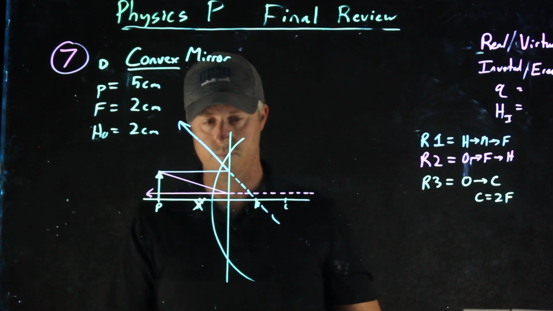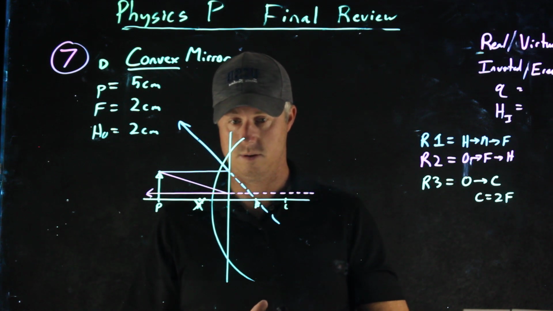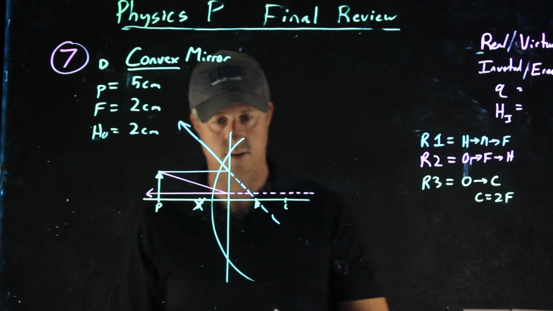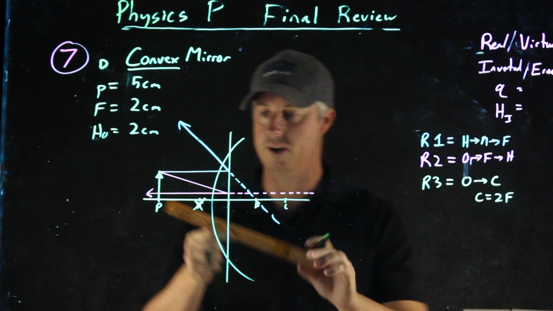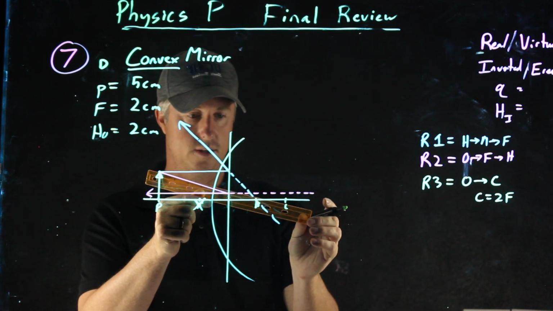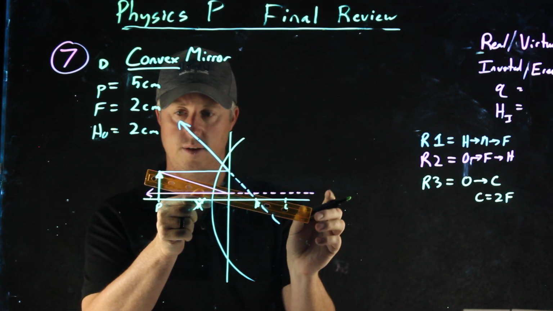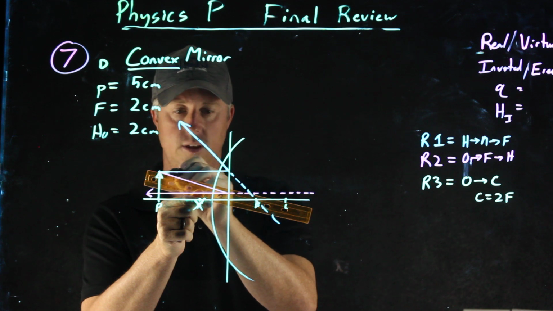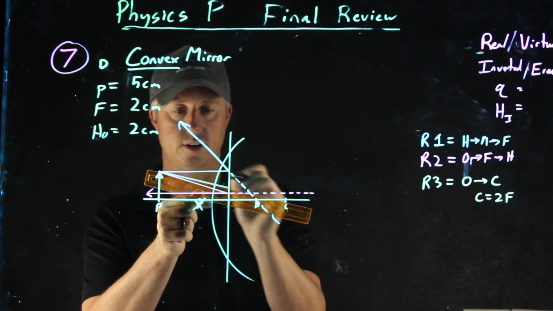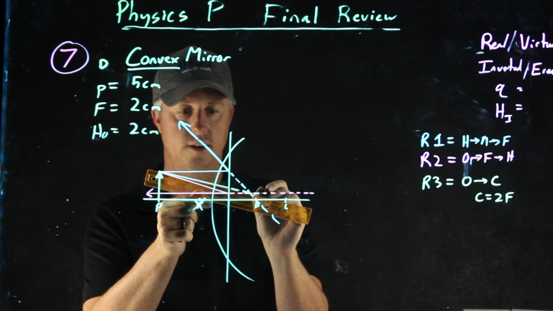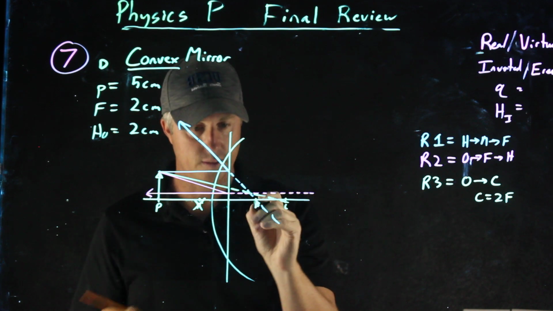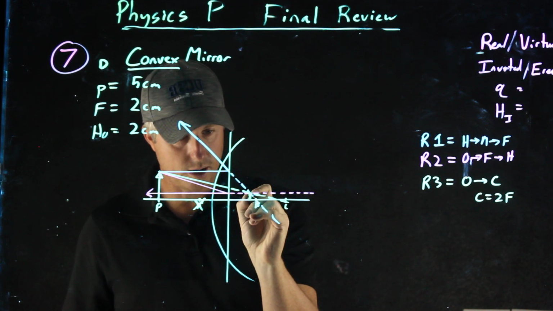C's right there. Maybe more dynamic color, but oh well. So bam, bam. Now C, once it hits, is going to reflect directly back on itself, but the imaginary line comes in here. And that gives me a triple point of right about there.